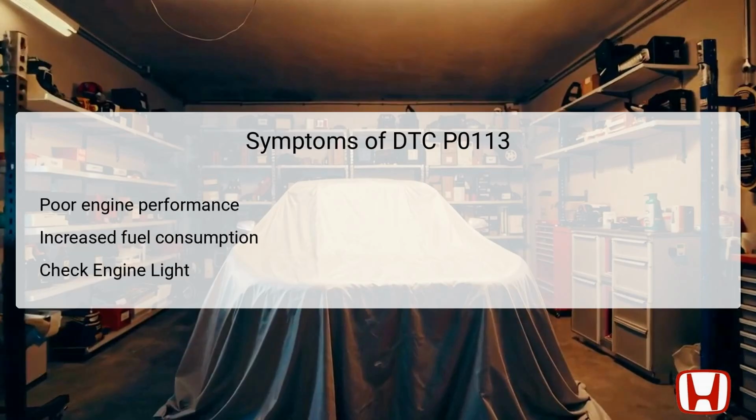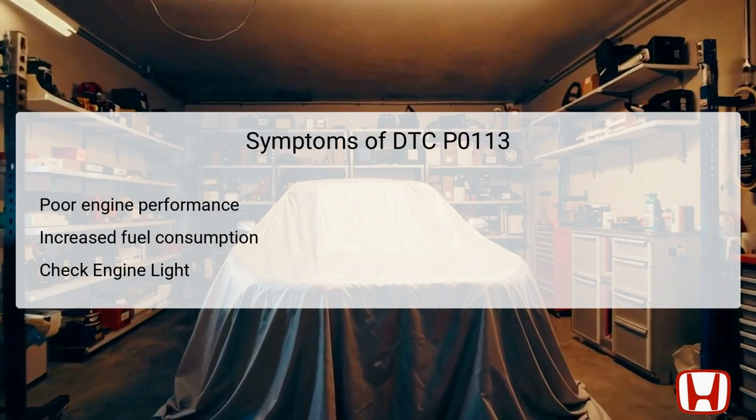When DTC P0113 is present, several symptoms may manifest in the vehicle's operation. One may notice a decrease in engine performance, including rough idling or stalling, as the engine struggles to adjust to incorrect air-to-fuel ratios. Increased fuel consumption may also be observed, as the engine may compensate for the perceived high temperature by injecting more fuel.